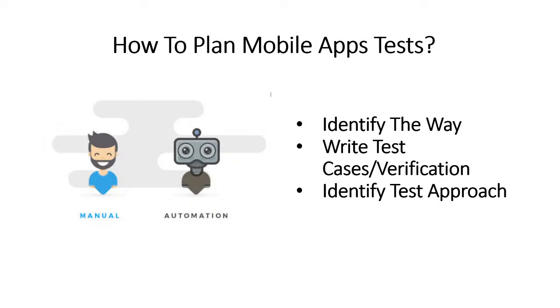Then you can automate your mobile testing too. Now I jump to another point of how to plan: I want to automate my mobile app. Automated testing is even more essential with mobile apps than traditional apps. With automation, you can run tests in parallel across numerous simulators and real devices.